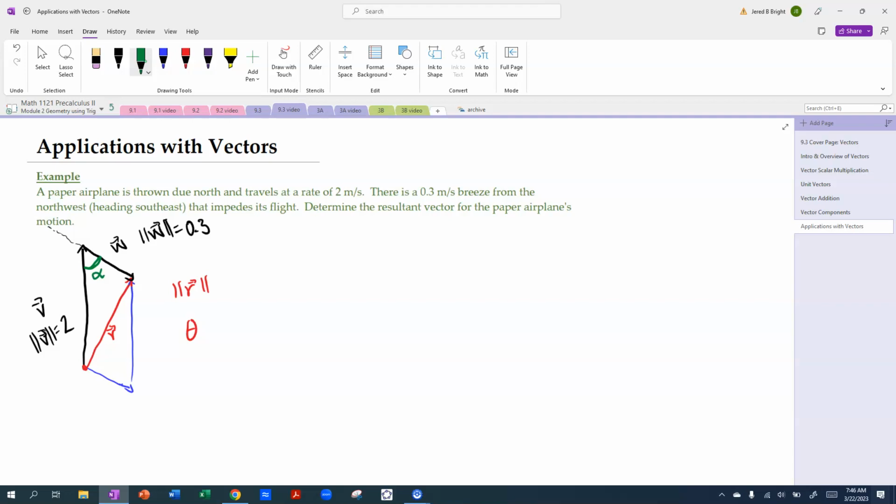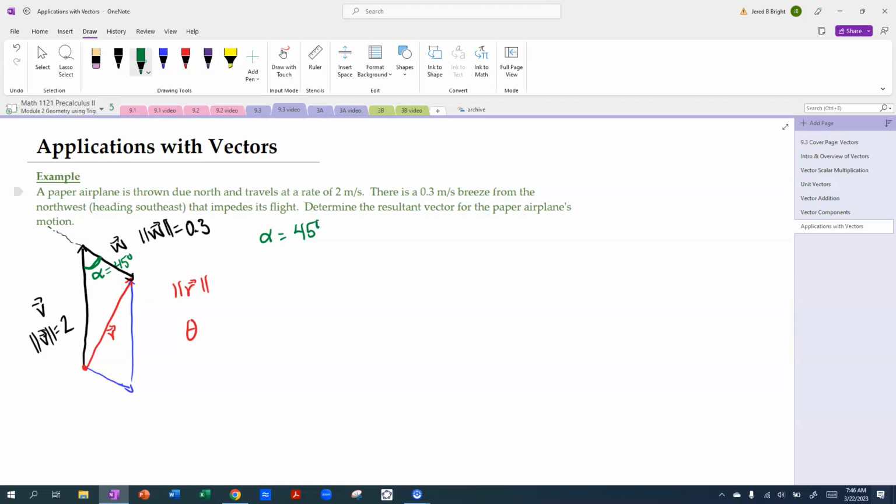I'm going to ask us to think a little bit more about the scenario. How much is alpha? Well, if it's going southeast, how far is southeast from south, or north? So we're looking for this angle here, and if this is pointing directly southeast, and we treat this vector as south, this would be 45 degrees.